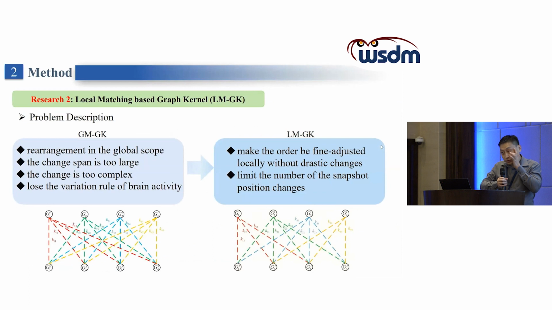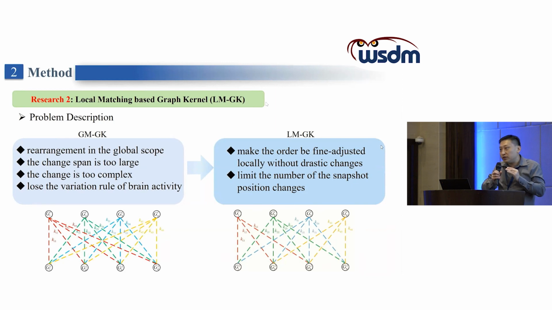The second question, we want to put some constraint so that the matching should somehow preserve the ordering as much as possible. We don't require the ordering to be exactly the same because for two subjects, their sequences of brain activities may not be totally the same.